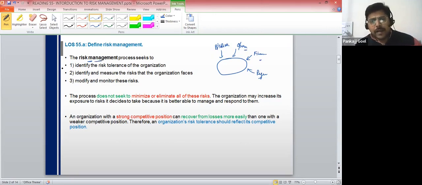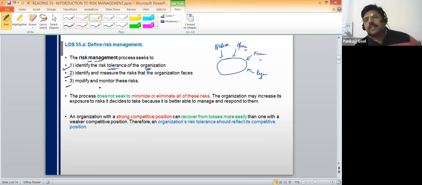First we identify the risk tolerance level of the organization, how much risk an organization can take. Then we measure the risk, and then we try to modify or monitor these risks. So this is the risk management process.